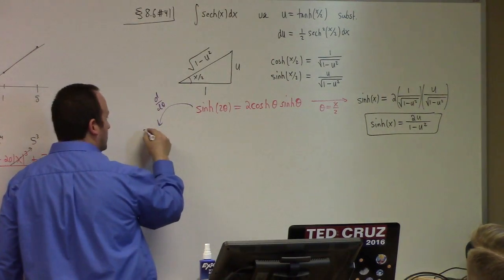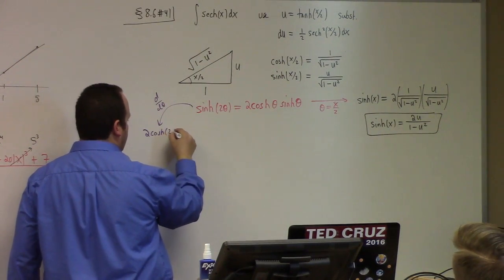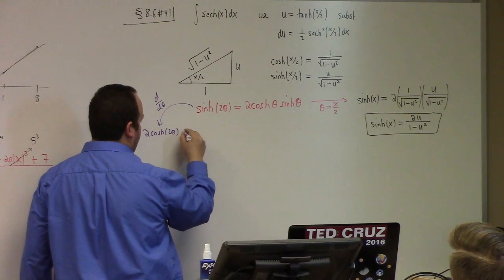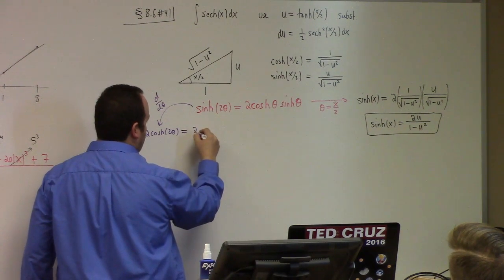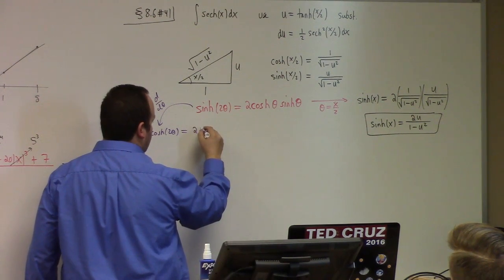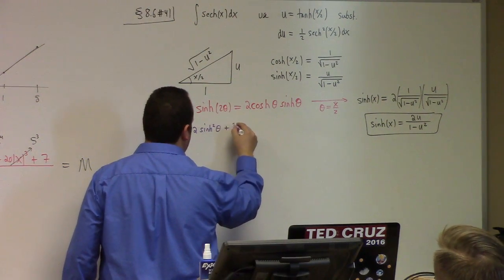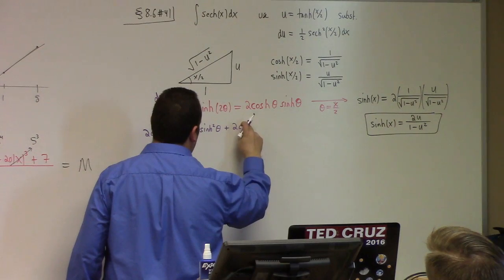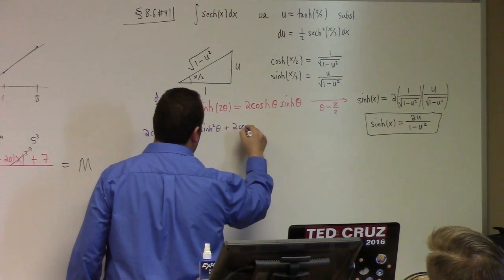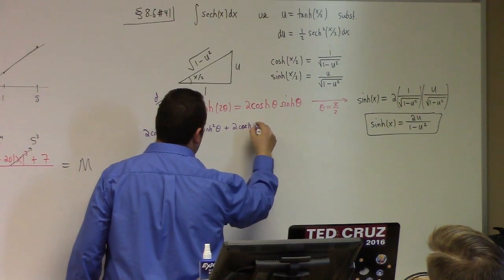Let's see here, I get 2 cos of 2 theta, right? On the flip side, I get product rules, right? So I get like 2 sinh squared plus 2 cos squared, because derivative of cos and sinh are, well, sinh and cos.